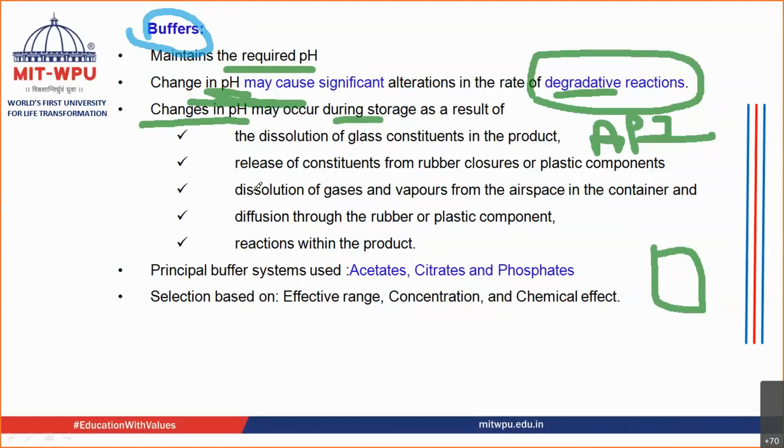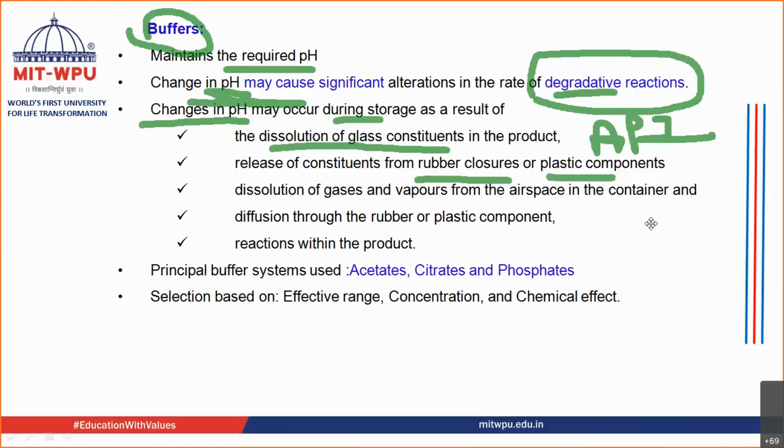Now, why does the change in pH occur during storage? One of the reasons is the dissolution of the glass constituents. So you have a glass container. The constituents of these glass containers may be mixed with the product, right? That may cause the change in pH. It may be because of the rubber closure or the plastic component.